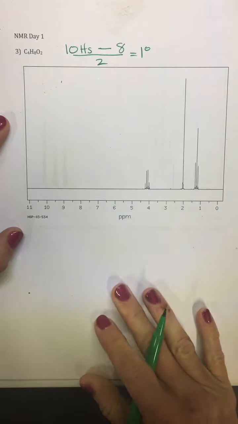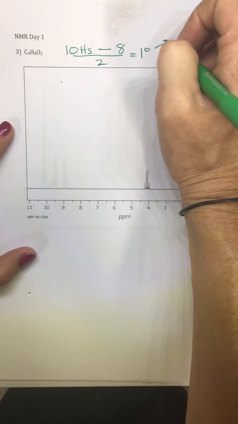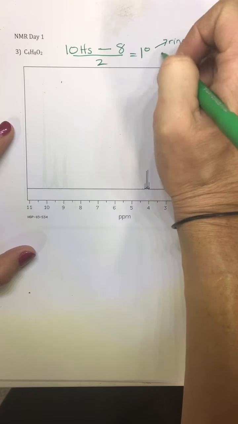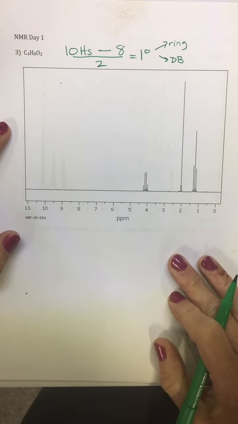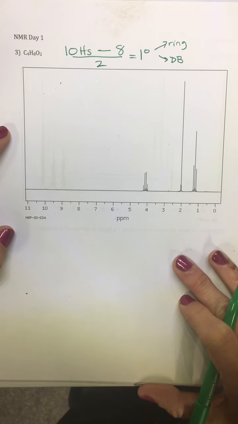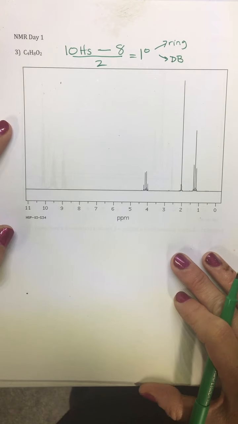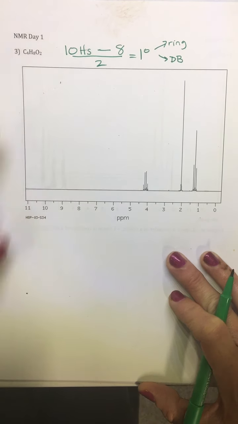Again, we're getting 1 degree. What does that 1 degree mean again? It could be a ring, which is a possibility, or a double bond. Now, we're not usually going to do alkenes or alkynes in NMR, so the only double bond that we could really hypothesize about would be a carbonyl bond. And bingo, we've got the 2 oxygens again.